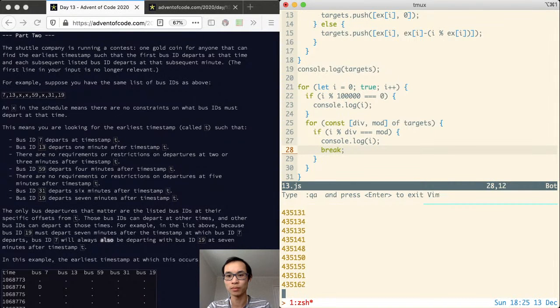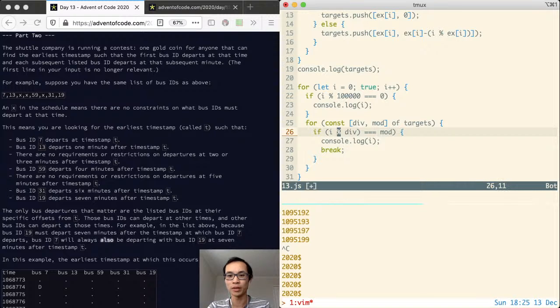Interesting. I mean, it should stop. I don't know why it's printing it. Okay, something is wrong. Is it a bracketing issue? That would be weird. Ah, whoops! I broke from the wrong thing.